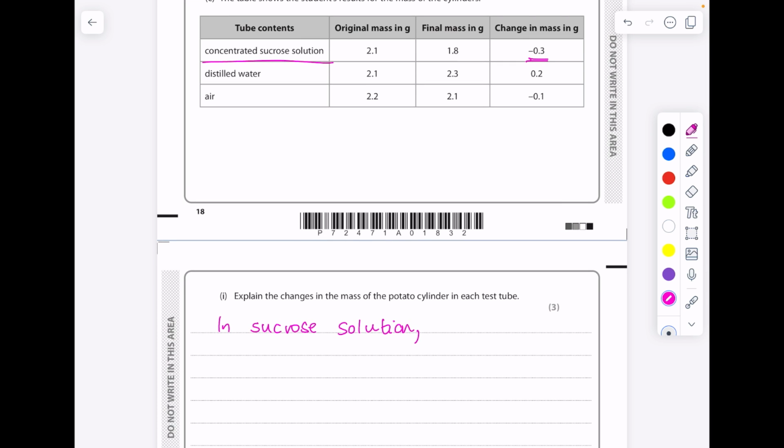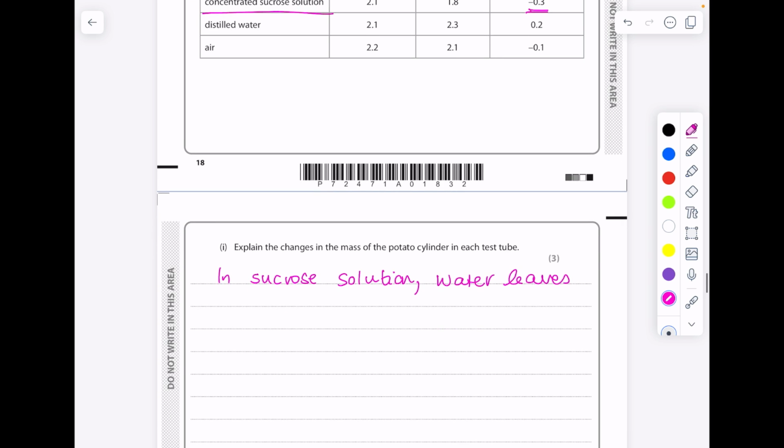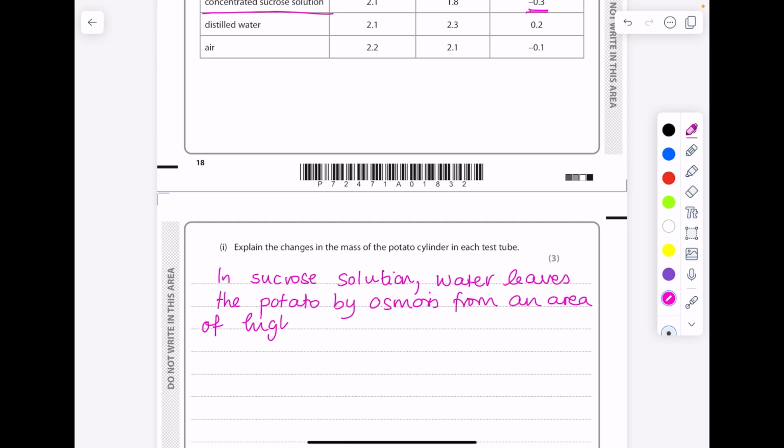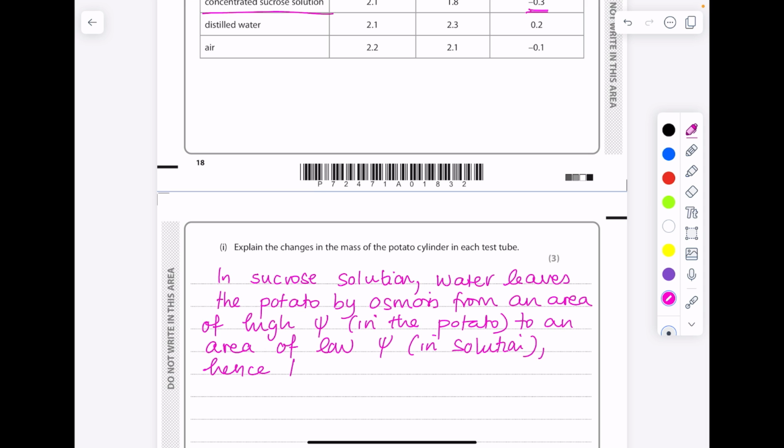So in the sucrose solution, water leaves the potato by osmosis from an area of high water potential, that means water potential in the potato, to an area of low water potential in the surrounding solution. Hence, the potato loses mass.